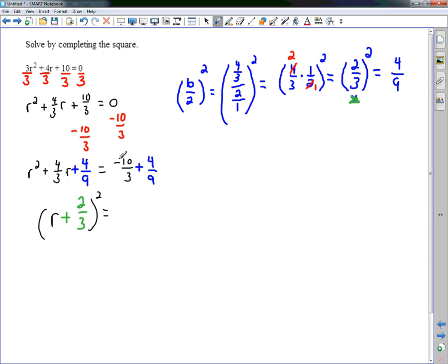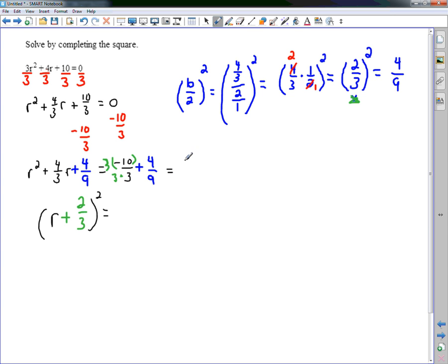On the right side, we have two fractions. We are adding them. So in order to add fractions, you do have to have a common denominator. I have a 3, I have a 9. My common denominator is 9. So I'm going to need to multiply this by 3, multiply this by 3. I get a lot of questions about that step, people trying to just add those, forgetting that we need common denominators.